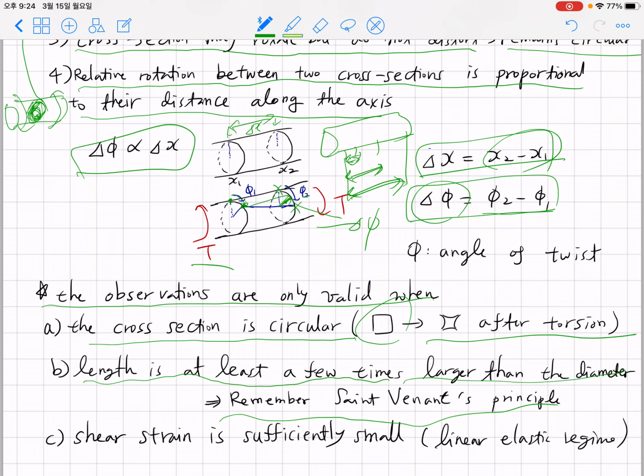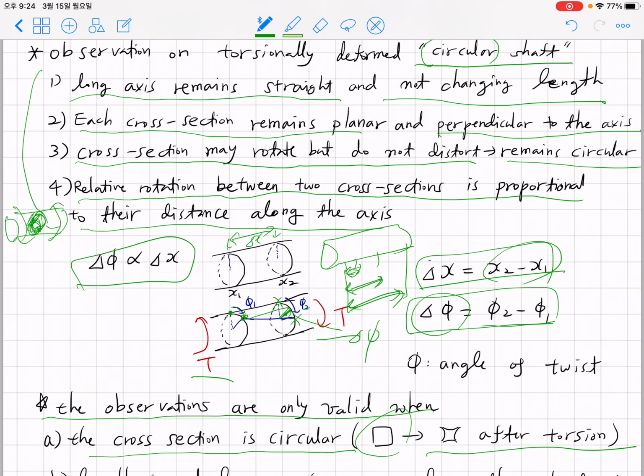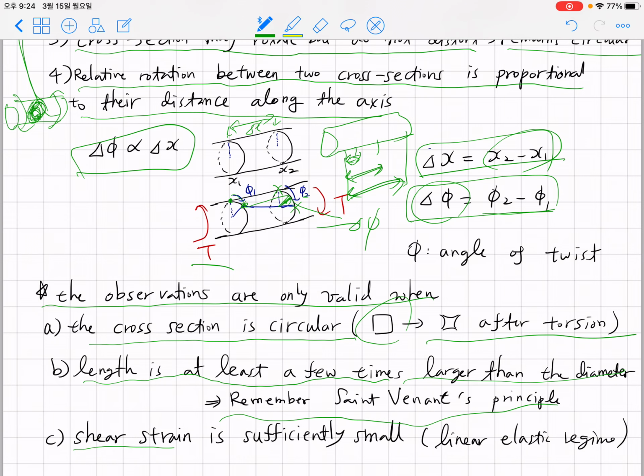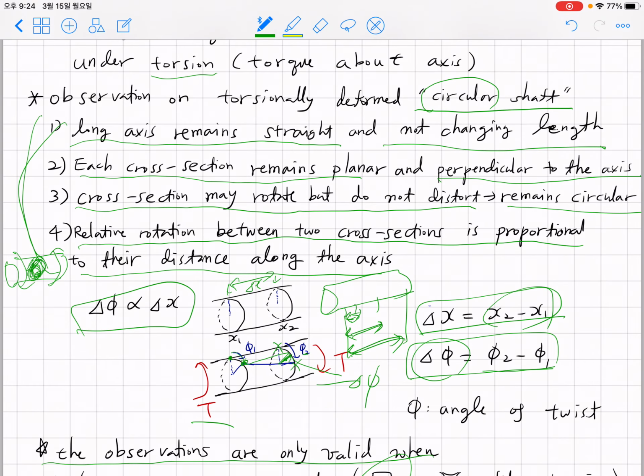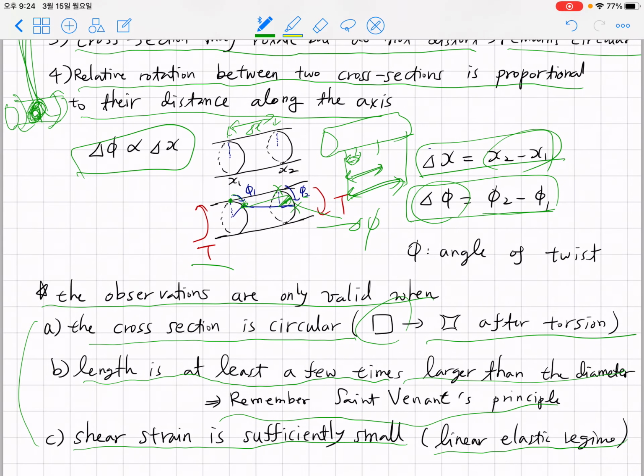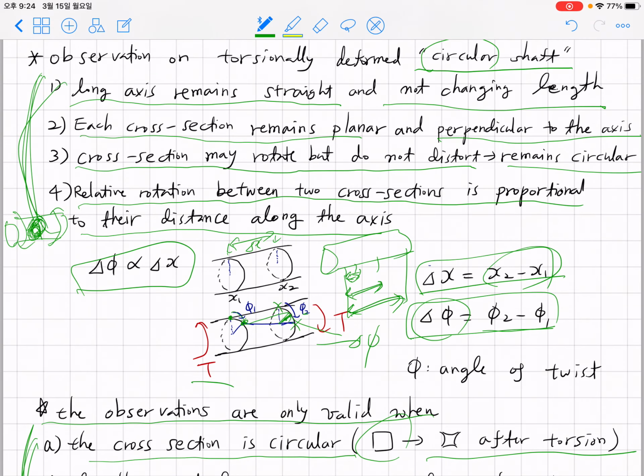You have to have a length quite a bit larger than the diameter for these assumptions to be true. Third, the shear strain is sufficiently small, meaning linear elasticity. If A, B, C are true, then you can believe the four observations are true. Most homework problems you're going to see in our torsion chapter will have A, B, C true, so you can believe 1, 2, 3, 4 are true for our chapters.